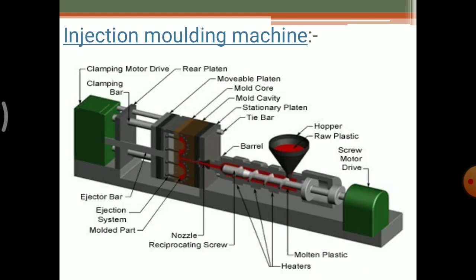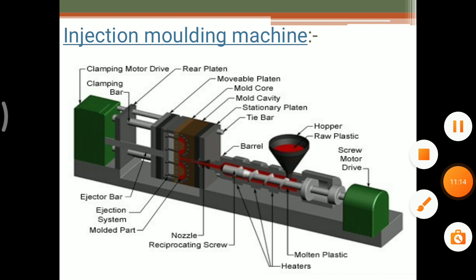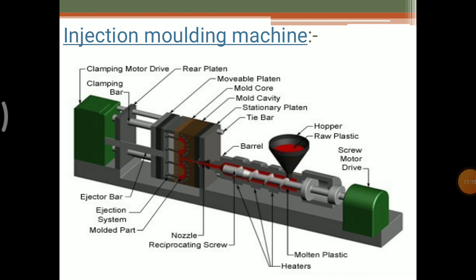So this is the injection molding machine. So this is a 3D view of the injection molding machine. Here you can see the different parts of the injection molding machine. So first there is a clamping motor drive which is attached to the clamping bar, and a rear plate is observed in between the clamping motor drive and clamping bar.